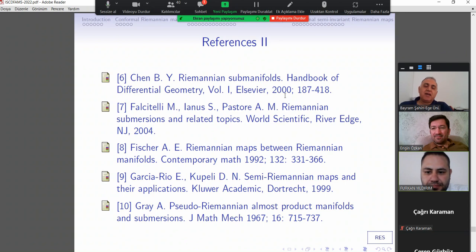But I can assure you there is a huge opportunity in this theory, because we have just established the main notions and main structure equations here, and there are many new areas to explore. So I invite young geometers to study in this area.